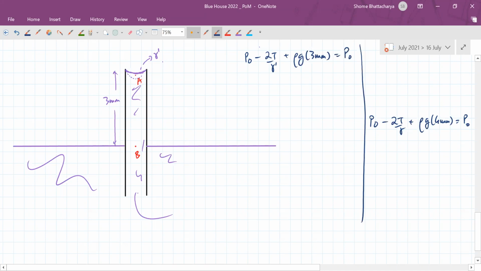So that means your 3 millimeters is going to be 2T upon rho g r prime, whereas here your 4 millimeters was equal to 2T upon rho g small r.